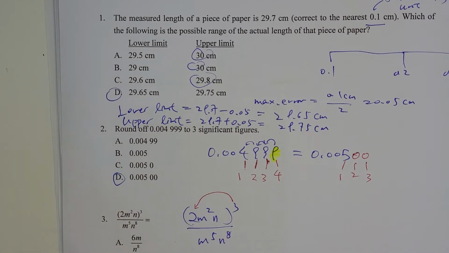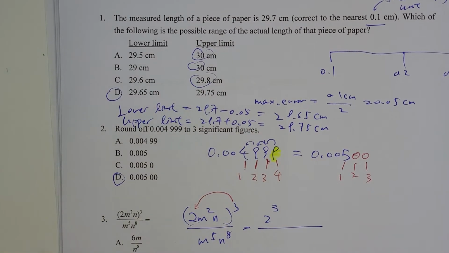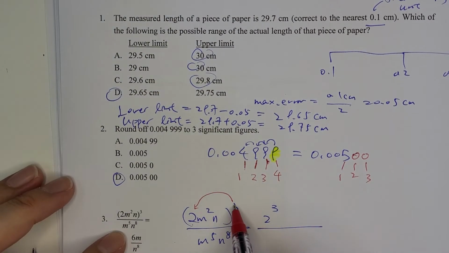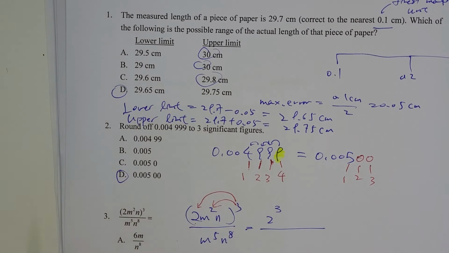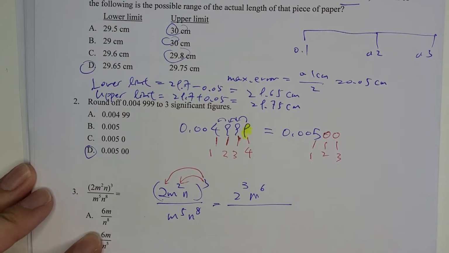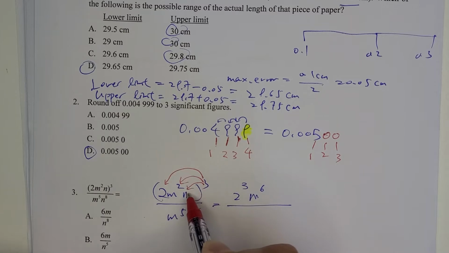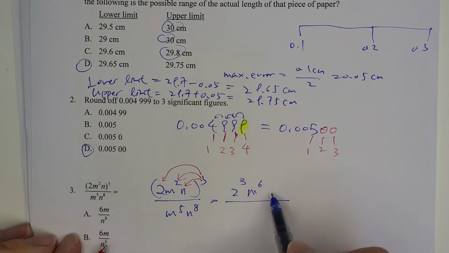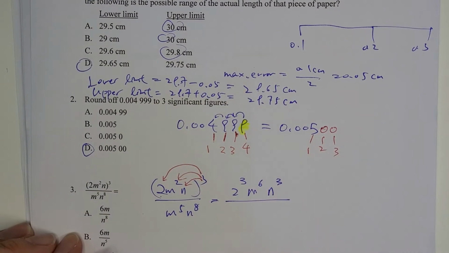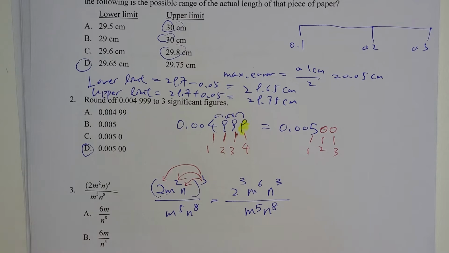That becomes 2 to the power 3. And next, this power 3 should multiply to this power 2. So it will be m to the power 6. Finally, this power 3 should multiply to this n to the power 1. So n to the power 3 in the numerator. Okay, in the denominator, m to the power 5, n to the power 8.